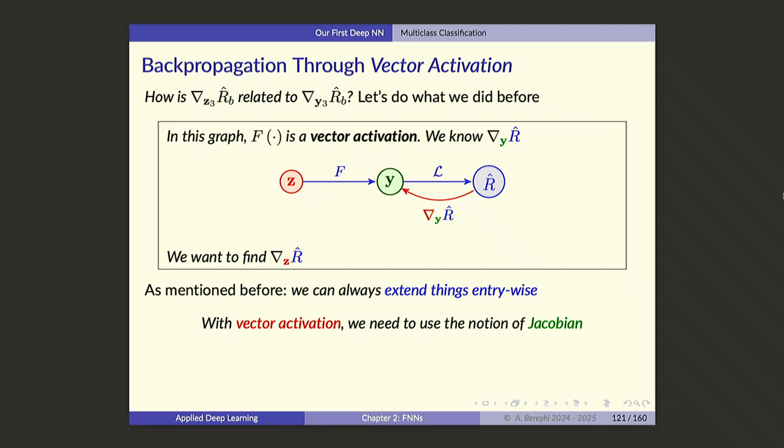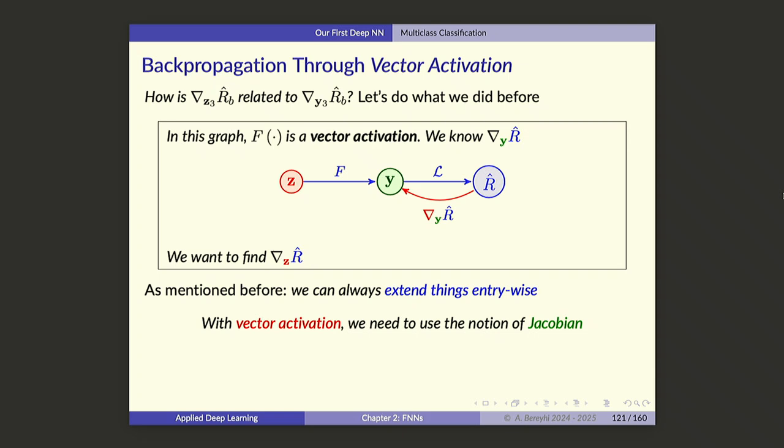Because y1 has a partial derivative with respect to z1, it has a partial derivative with respect to z2, and so on. So it's going to have a partial derivative with respect to every single entry, because it depends on all of them, correct? So y1 has a gradient.